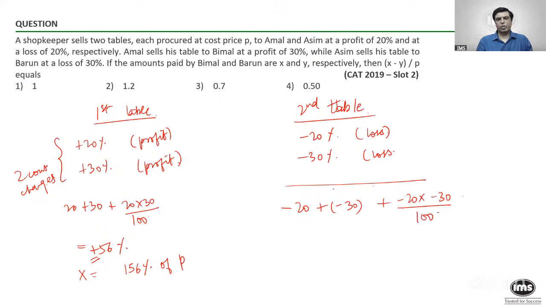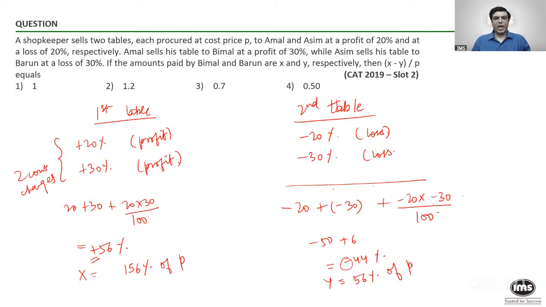What we get is minus 20 minus 30 is minus 50 and 600 by 100 is 6, minus 44%. Which means the price that Barun pays, Y, because this is minus 44, it will become 100 minus 44. So this is 56% of P.